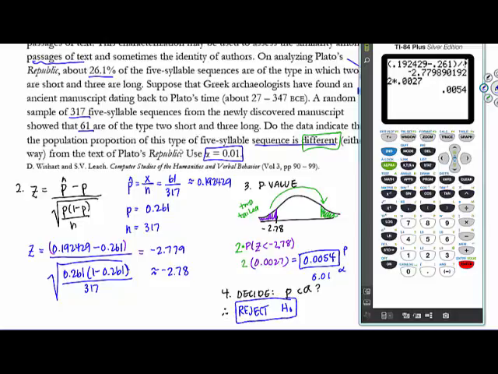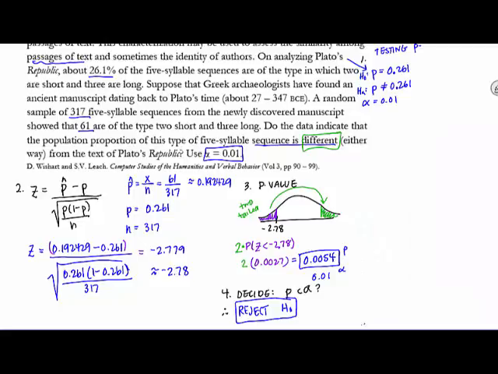That means that there is sufficient data from this sample to support the alternative hypothesis, to reject the null hypothesis, to claim that the null hypothesis probably isn't the case, and that the alternative hypothesis is most likely true.